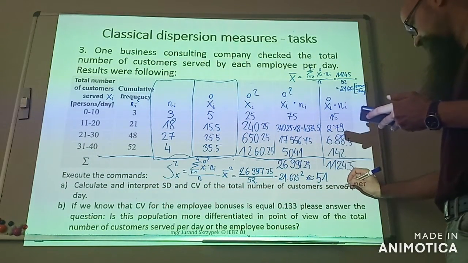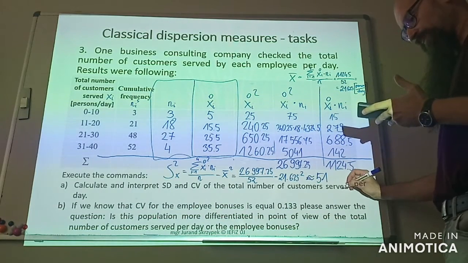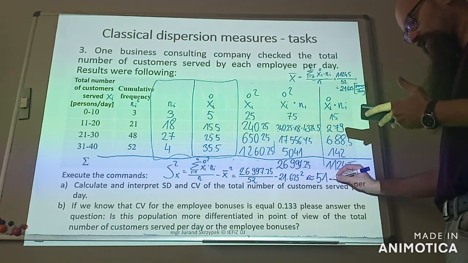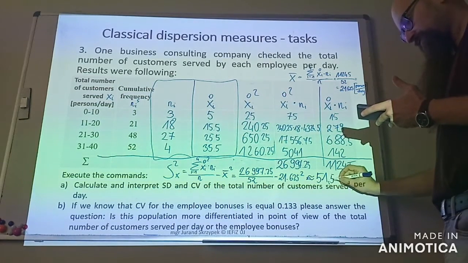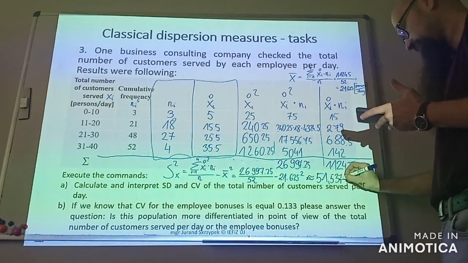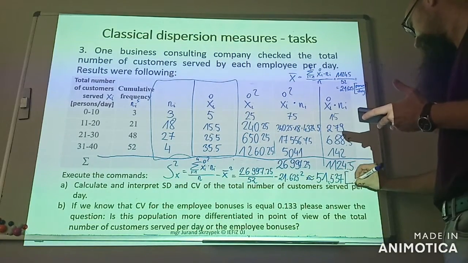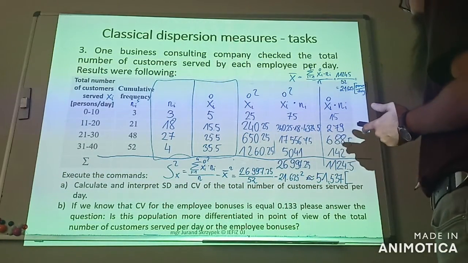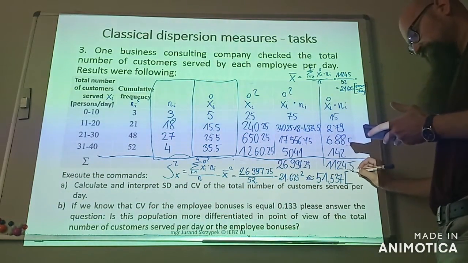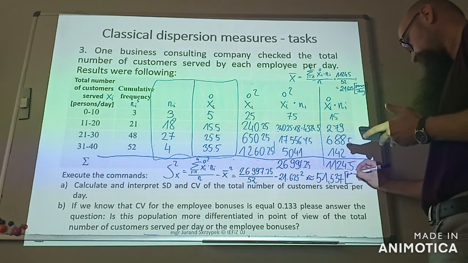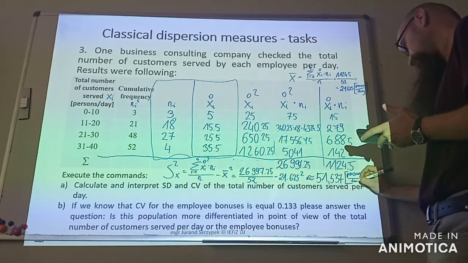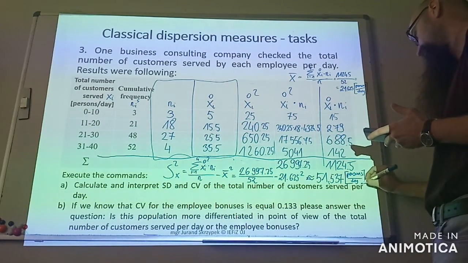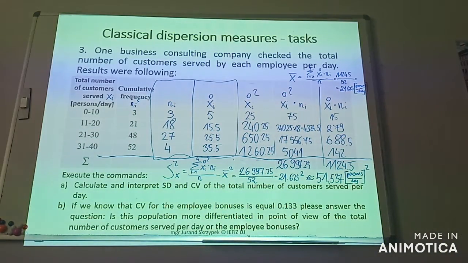The variance is equal to 51.5537 approximately, of course. Persons per day, or customers per day squared, of course.